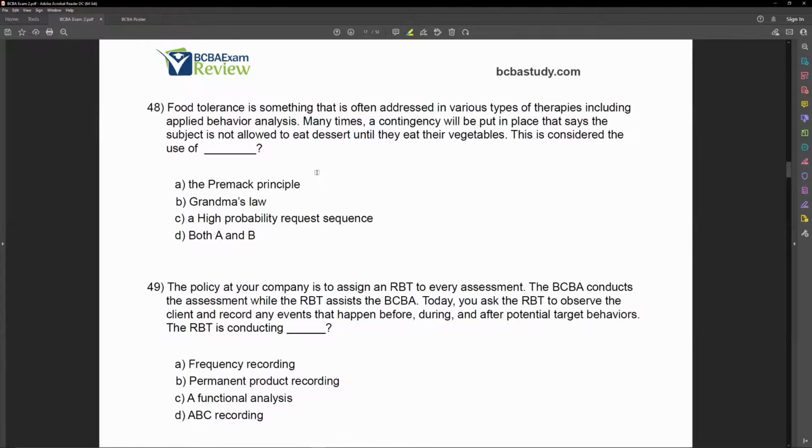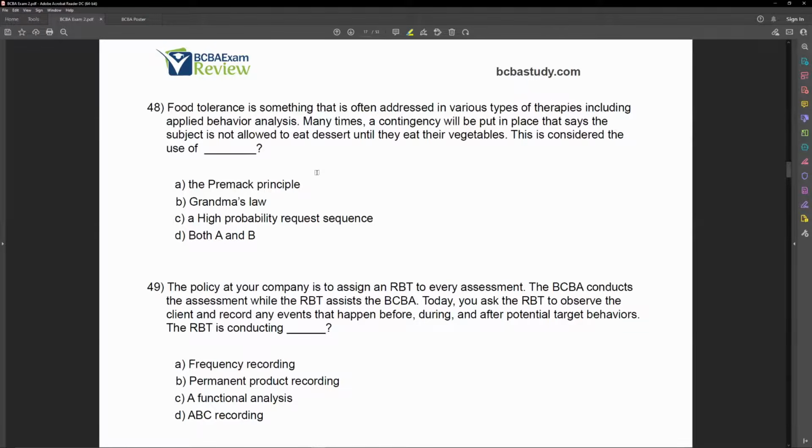Now, what about a high probability request sequence? How do we run a high probability request sequence? Well, in this case, it would be, let's say all of these are known behaviors, and we tell our client to clap their hands, touch their nose, point to the dog, eat their vegetables. That is a high probability request sequence.